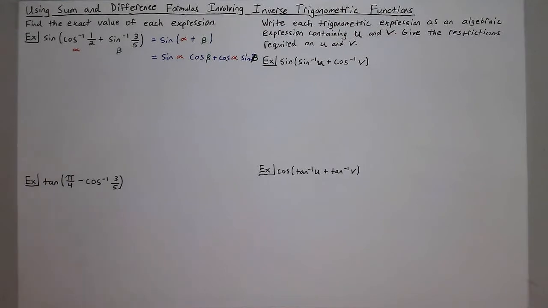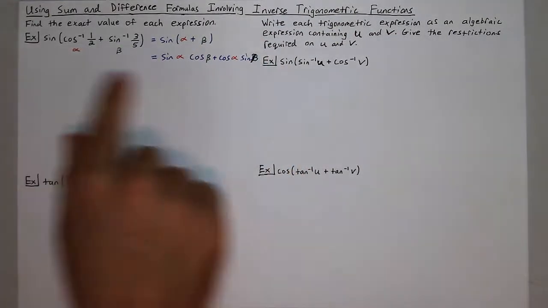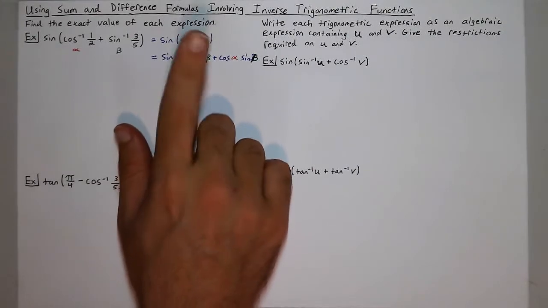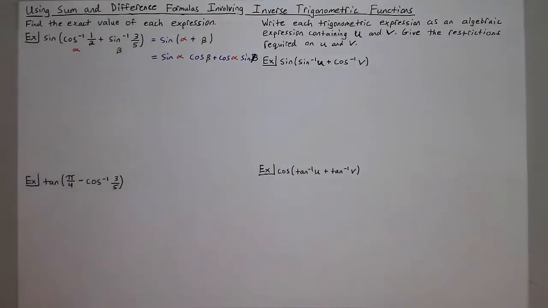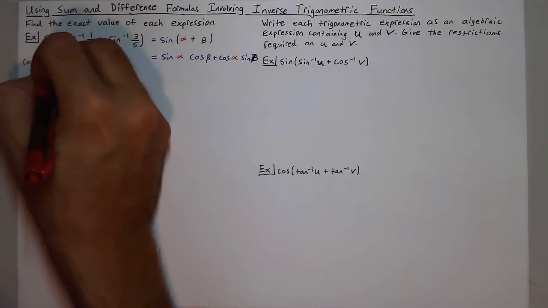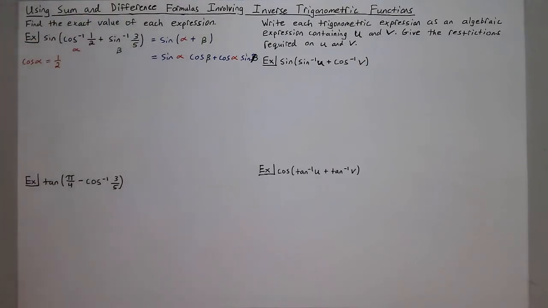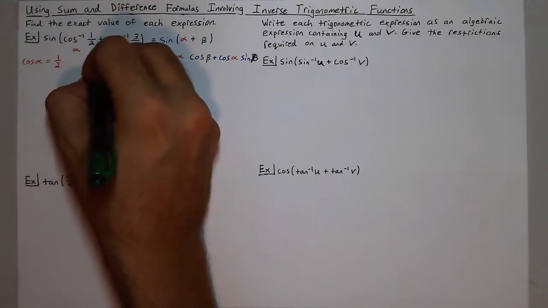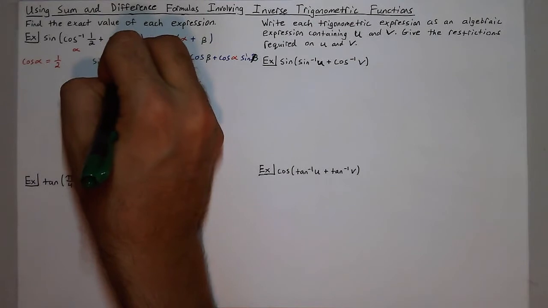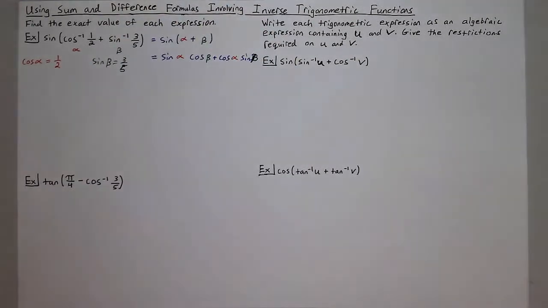So I need to figure out what sine of alpha is and cosine of beta, because right now I can tell that cosine of alpha is equal to 1/2 and sine of beta is equal to 3/5. So I just need to figure out what the other trig functions would be equal to.